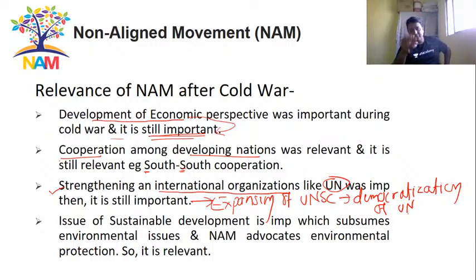Clear? When we established NAM, at that time we always wanted international organizations to be strong. And why should they be strong? Because they can promote peace. It was relevant, it is relevant, and that's why we demanded expansion of the UNSC and democratization of the United Nations. So it's still relevant.